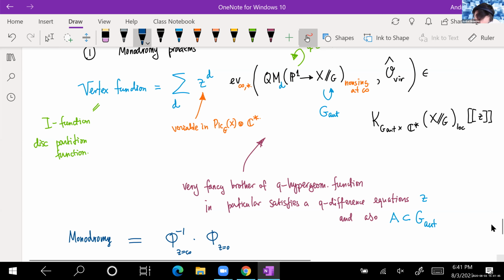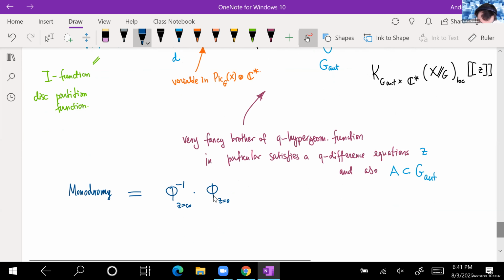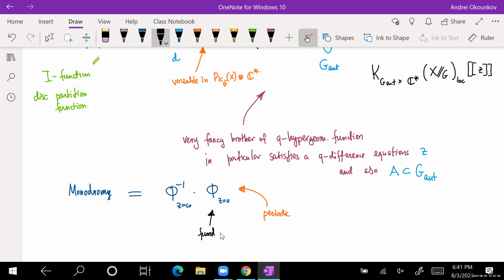Since they both solve the same Q-difference equation, this would be periodic. Andrei, so those phi's are matrices, right? It's a matrix, a fundamental solution, yeah. And this is Q-periodic in Z, right?